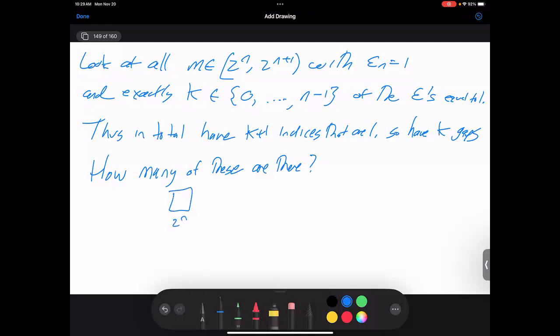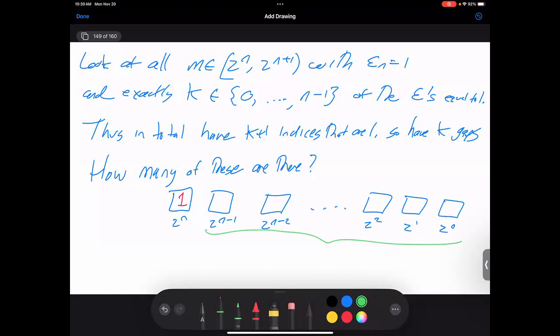Here's the box 2 to the n, 2 to the n minus 1, 2 to the n minus 2, 2 squared, 2 to the first, 2 to the 0. We have to have a 1 here. And then over here, we have n boxes, exactly k are 1. How many ways can we choose k of these boxes to be 1? When I phrase it like this, is it more clear what the answer is than the first way I phrased it? It's the same problem.